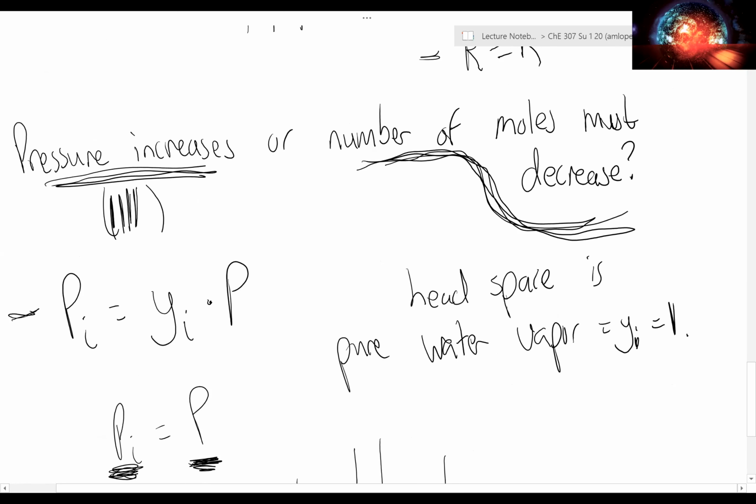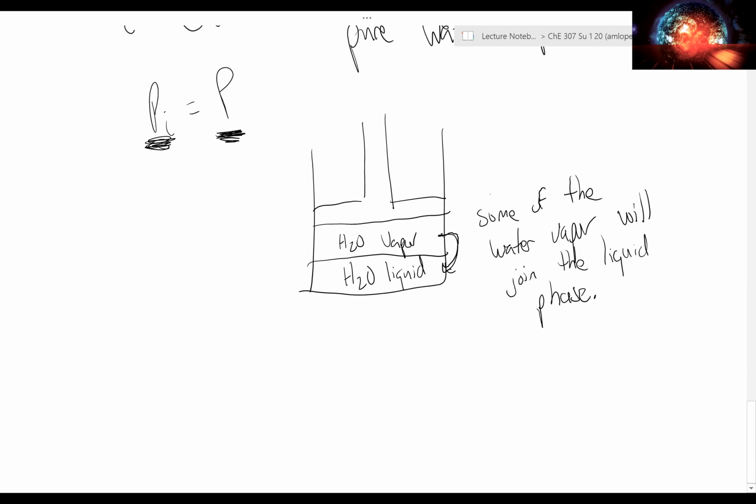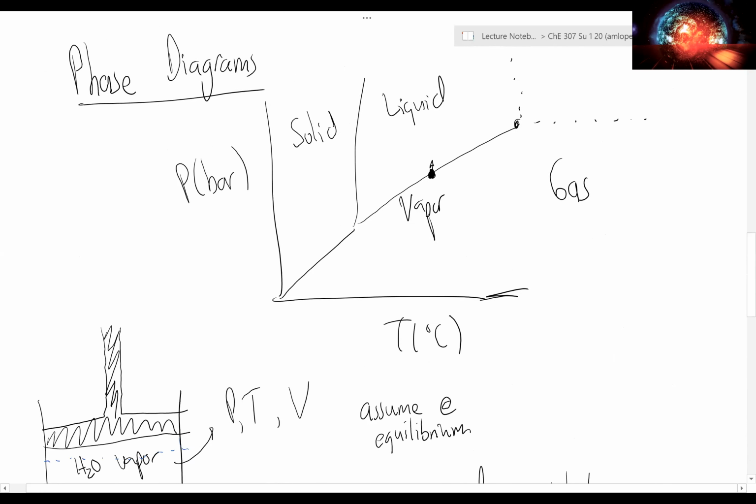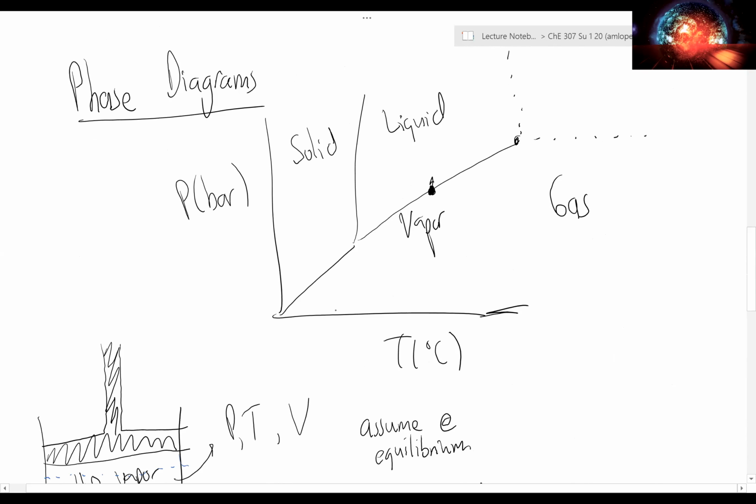So it's always important to consider, especially when you're looking at pure component systems, the implications of moving away from these equilibrium lines and overall in terms of the phases involved.